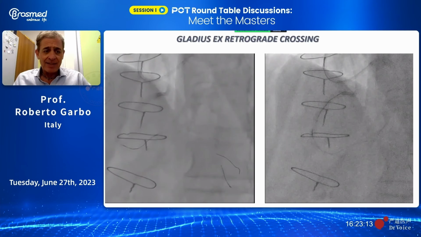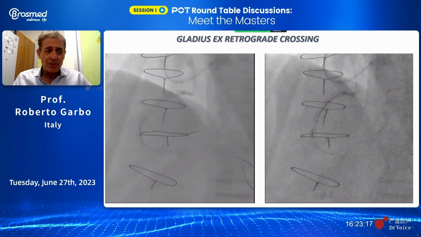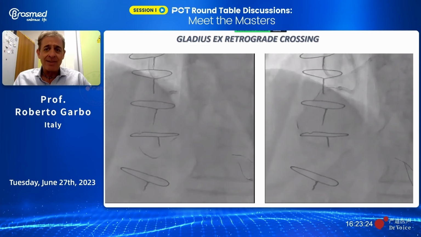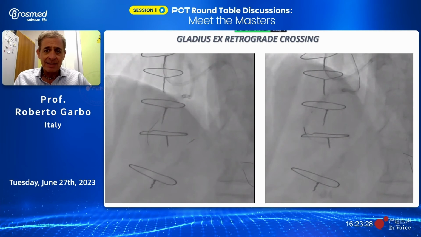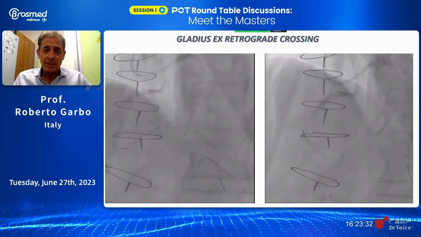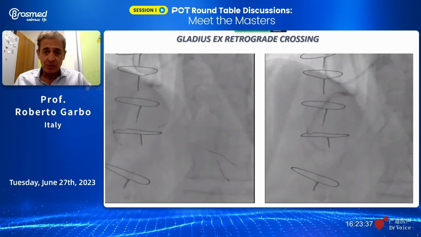Then I advanced the Gladius very well at the level of the CTO at the bifurcation. You can see here the Gladius entering the Amplatz guiding catheter. So I did a great retrograde crossing with the Gladius EX. So the Gladius was very good in antegrade and very good in retrograde.